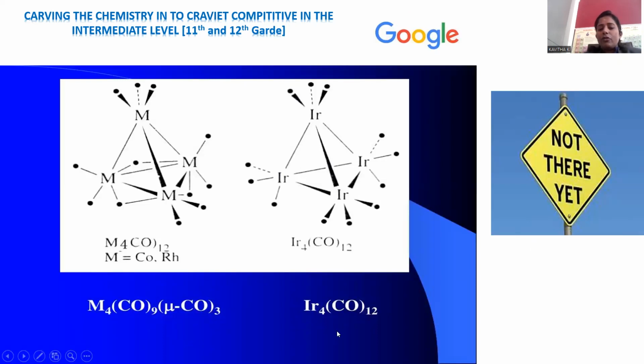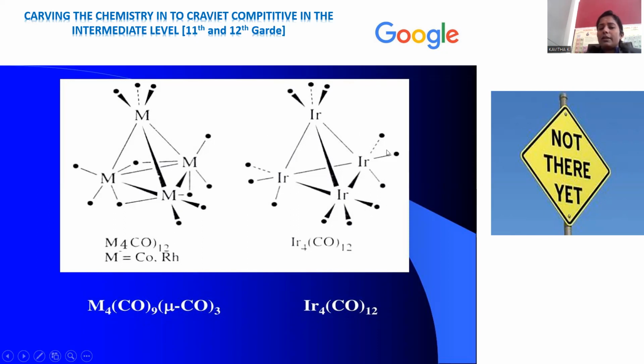Whenever Ir4(CO)12 is taken, this geometry is considered. All the iridium atoms form a tetrahedral geometry, and each iridium is accompanied by 3 carbonyls. Let me count: 3 plus 3 is 6, 6 plus 3 is 9, 9 plus 3 is 12.